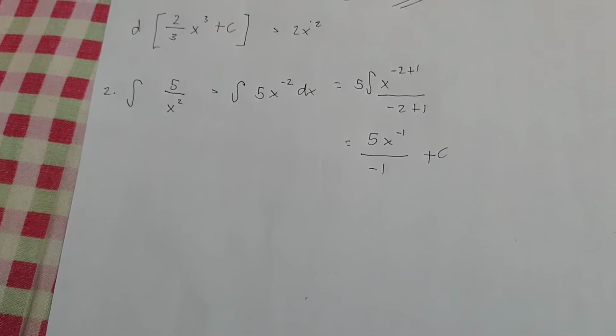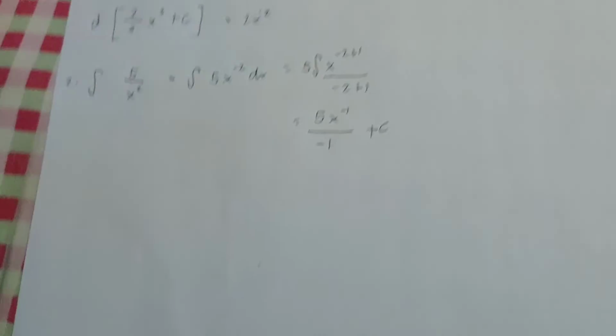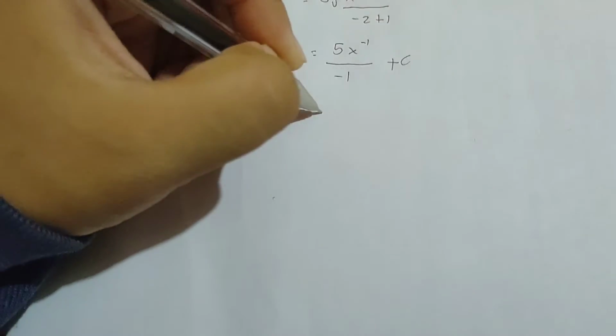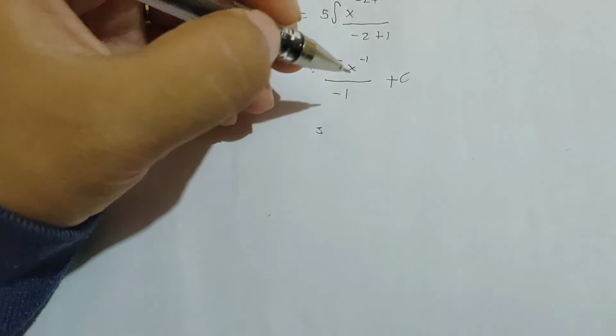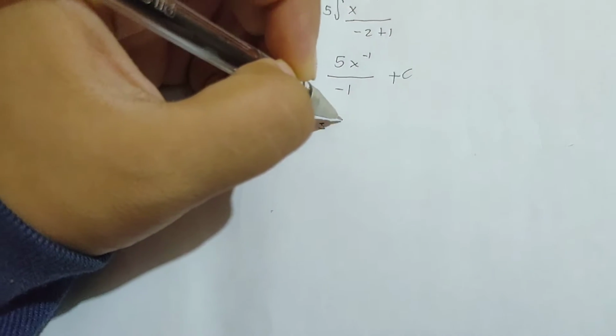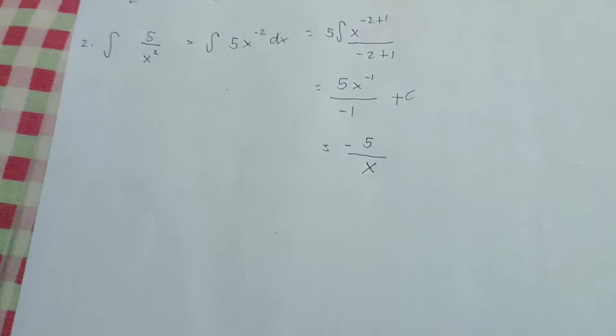And that is our final answer. Oh, it is not pleasing to our eyes, right? We'll just simply rewrite this. If we rewrite, it should be negative 5 all over x. That's it.